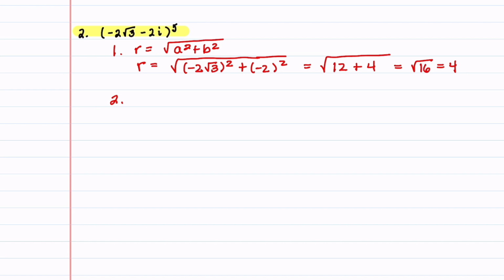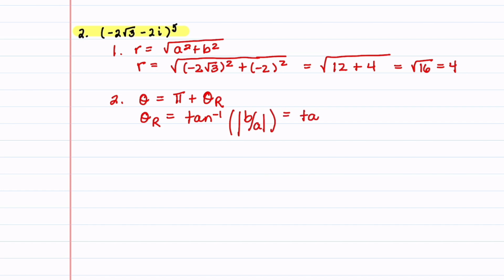Our second step is to find theta. We notice that our complex number is in the third quadrant. So theta is going to be equal to pi plus our reference angle theta sub r. Theta sub r is the inverse tan of the absolute value of b divided by a.